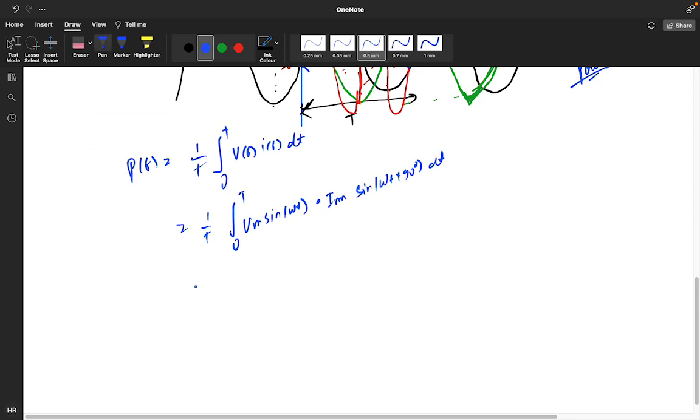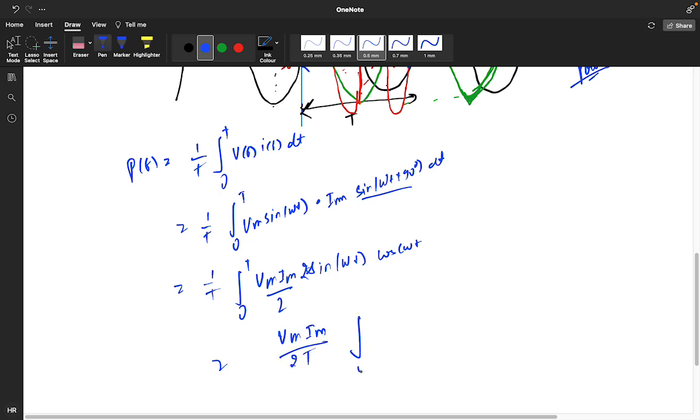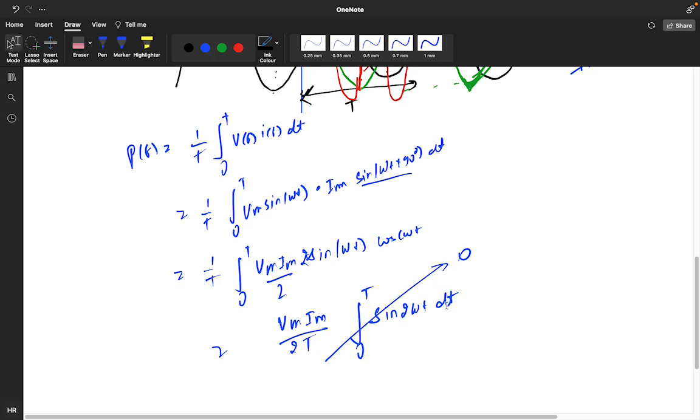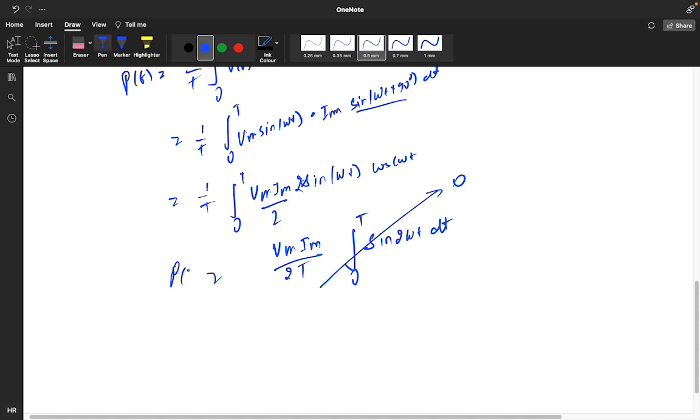So I can take it as 1 by T, 0 to T, Vm Im sine omega t into cos omega t. I am multiplying by 2, so Vm Im by 2T, 0 to T, of 2 sine omega t cos omega t, which is sine 2 omega t, into dt. So this value is 0. So P of t is coming as 0 only. So for the capacitor also the average power will be 0.